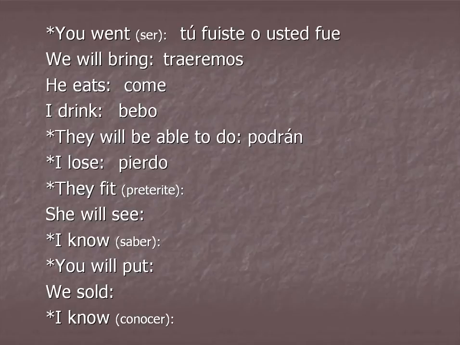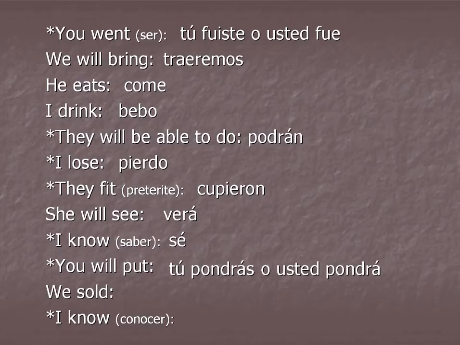The preterite tense. Caber. Ellos cupieron. She will see. Ella verá. I know. Saber. Yo sé. You will put. Tú pondrás o usted pondrá.